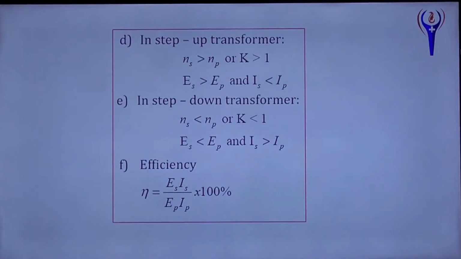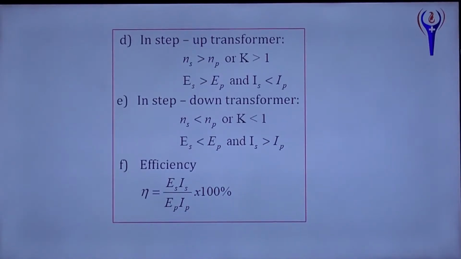A step-up transformer is a device which converts low voltage to high voltage. Step-up means low to high. Step-down transformer converts high voltage to low. Here NS is less than NP, or ES is less than EP, and IS is greater than IP.